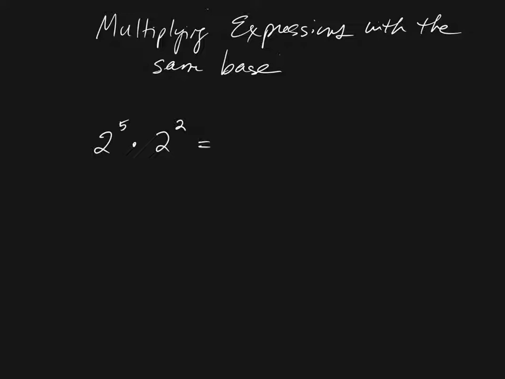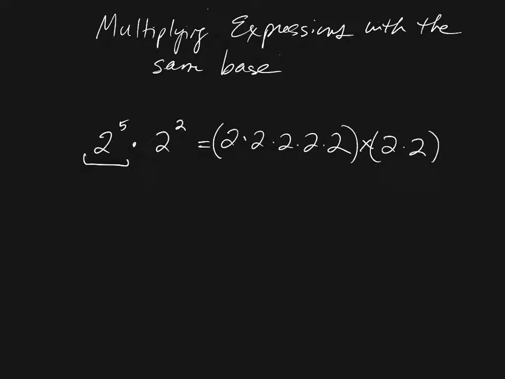That really is saying you have 2 5 times, 2 2 times. So how many 2's are there? 1, 2, 3, 4, 5, 6, 7. So that is 2 to the 7th.